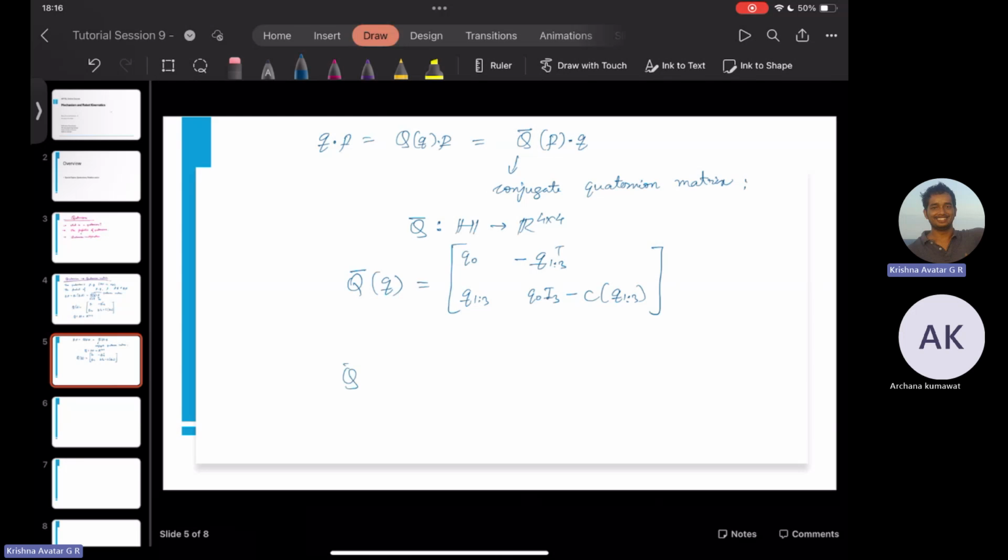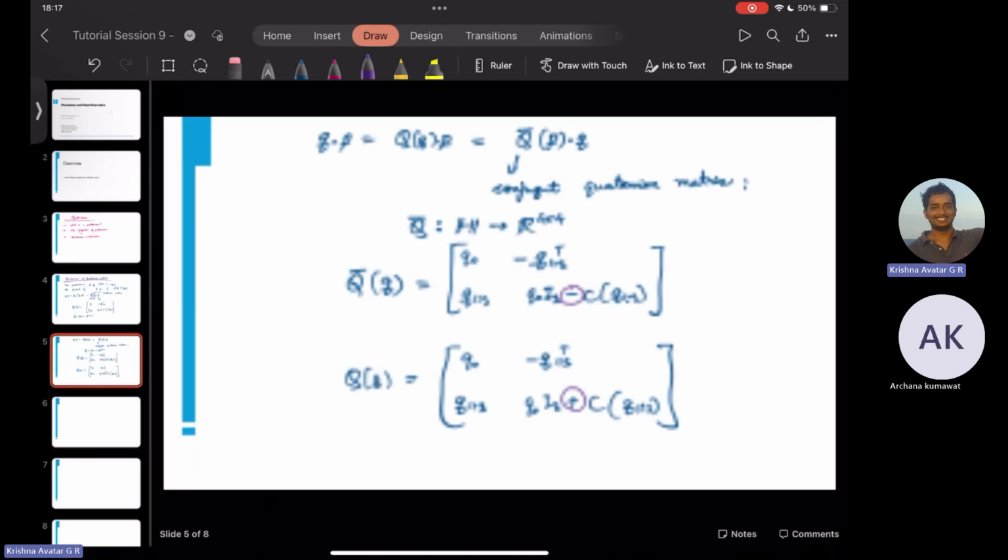So we notice the sign difference between the two. The quaternion matrix is written as Q naught, minus Q vector 1 to 3 transpose, Q vector 1 to 3, Q naught. You see the sign difference here, this and this. So that is how they are distinct, right?